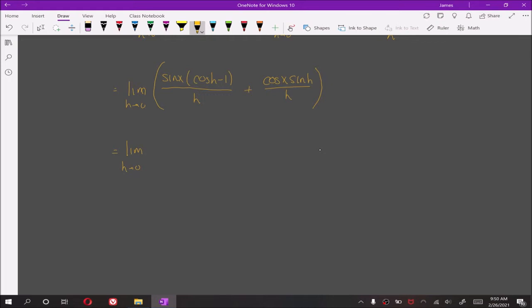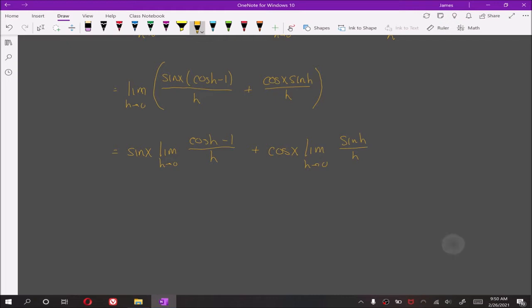Right, we can write this as two limits. In the first limit, let's factor out that sine of x since it's constant with respect to h. And we're left with cosine of h minus 1 all over h. From that second limit, we can factor out the cosine of x, again, because it's constant with respect to h, and we're left with sine of h over h.